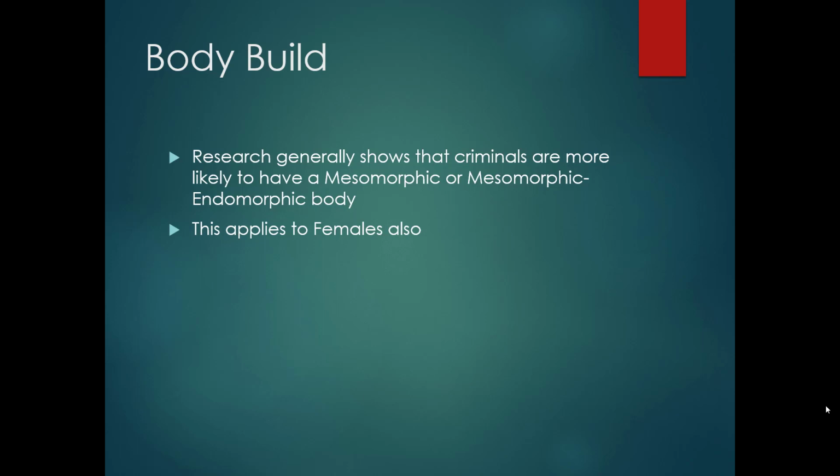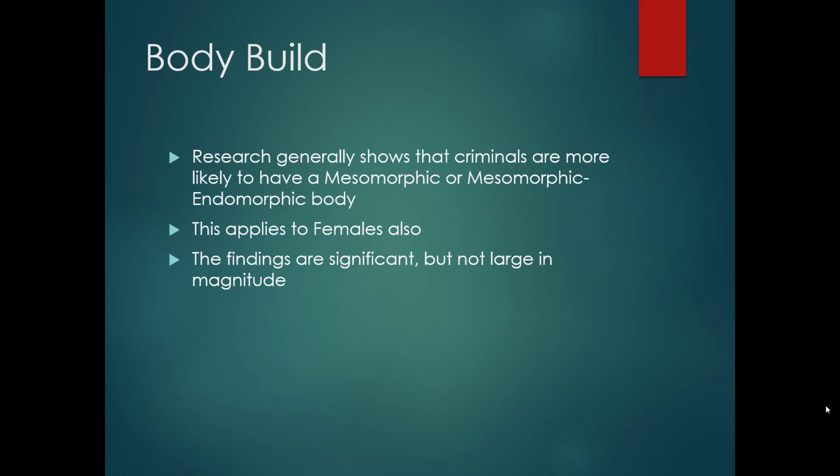One thing you have to keep in mind is that the findings are significant. In other words, they typically find that in criminal institutions, there are more mesomorphs than ectomorphs, for example, or mesomorph endomorph combinations. But the findings aren't really large in magnitude.